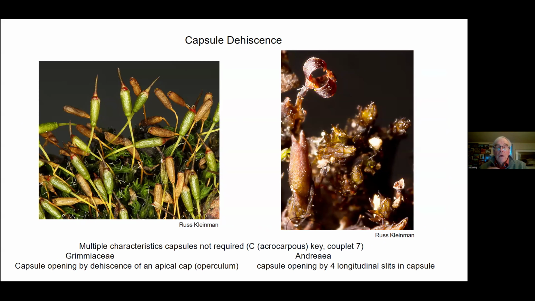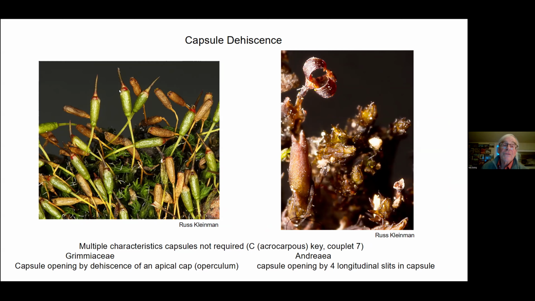So dehiscence. Really early in the key, in the Acrocarpous key C, which is kind of near the beginning of the keys, in couplet 7, Grimmiaceae is separated from Andreaea by how the capsule dehisces. In Grimmiaceae, and actually in most species in Colorado and New Mexico, the capsule dehisces by opening at the top.